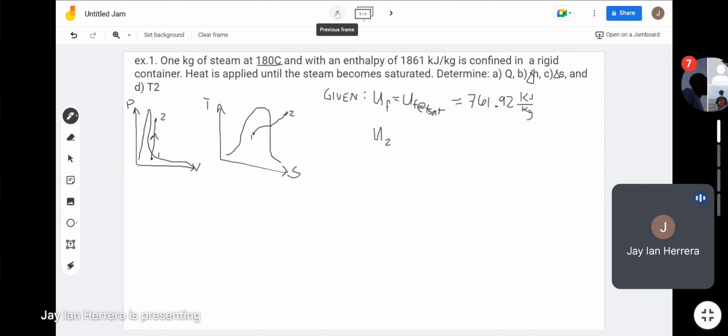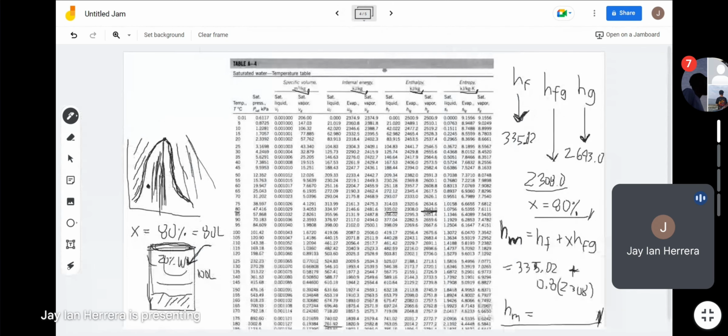How do we know it is a wet mixture? Simple. It is in between the enthalpy values under 180: 763, which is our saturated liquid enthalpy, and 277.2, the saturated vapor enthalpy under 180.